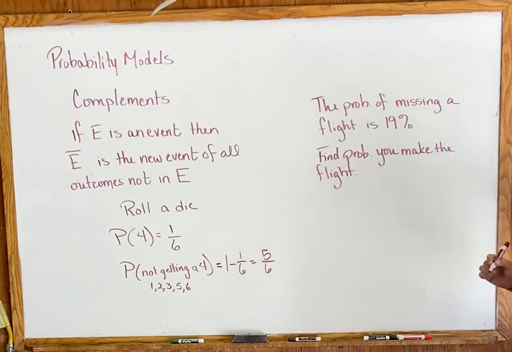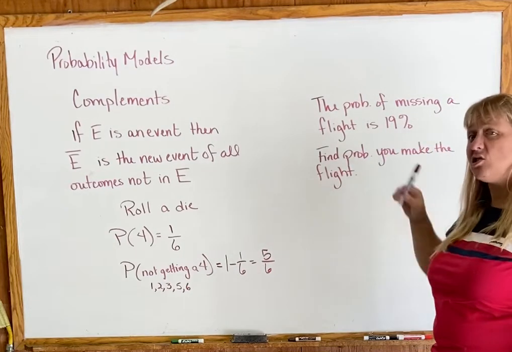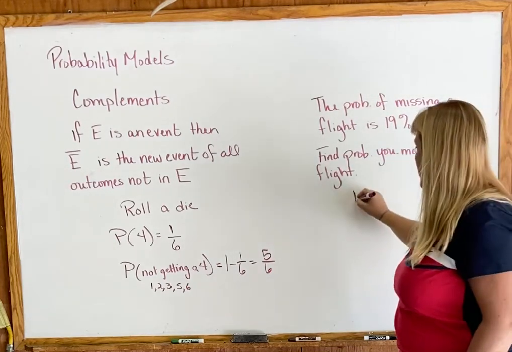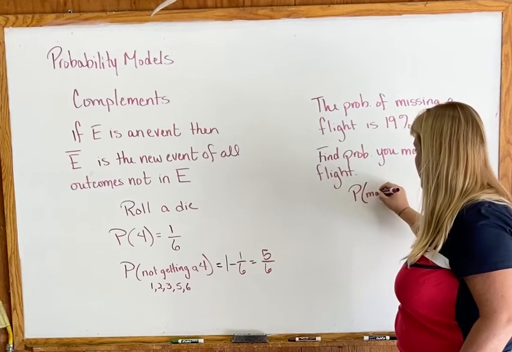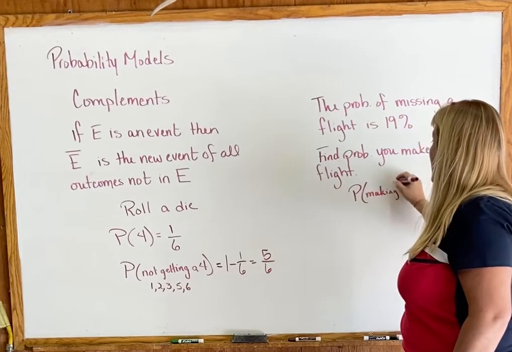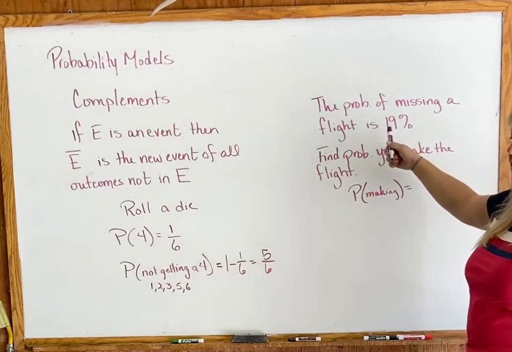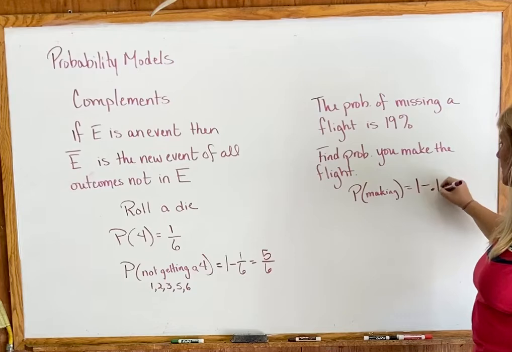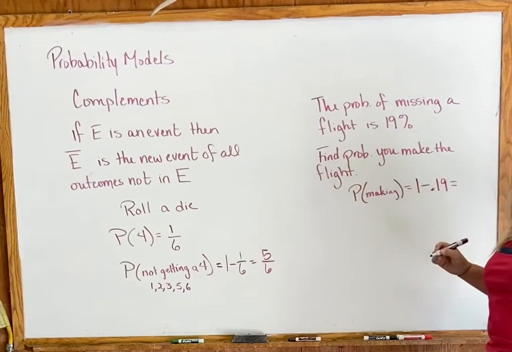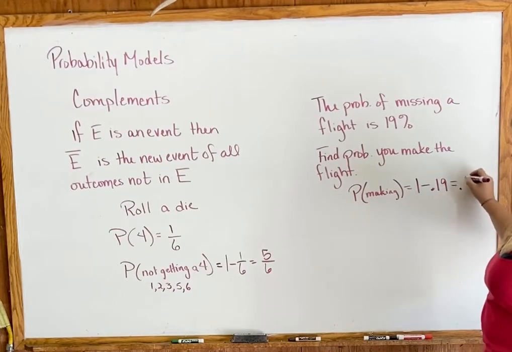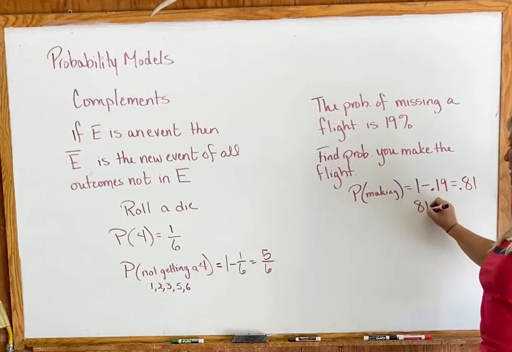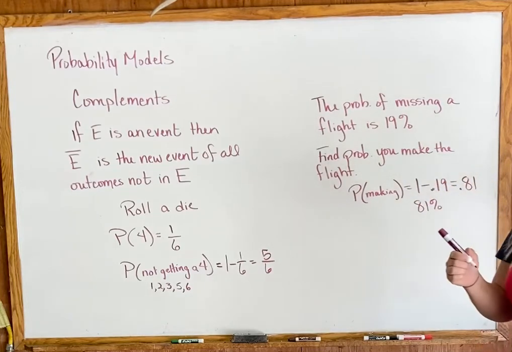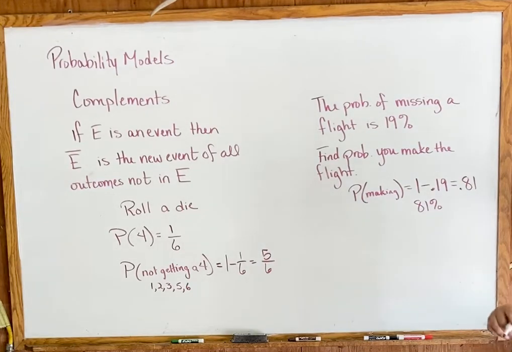So find the probability you make the flight. Well, in this case, you have to use the complement. So the probability of making it is going to be equal to what's left over here, or 1 minus 0.19, which will give you 0.81, or 81%. So if there's a 19% chance that you miss the flight, that means there's an 81% chance that you will make the flight.